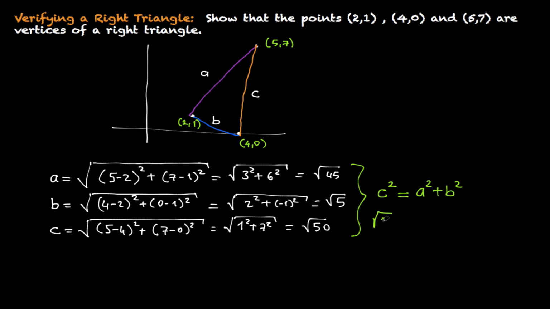So root 50 squared equals root 45 squared plus root 5 squared. Really? Yes, 50 equals 45 plus 5. So from here, what we deduce is that c is the hypotenuse of this right triangle, and this is the right angle.